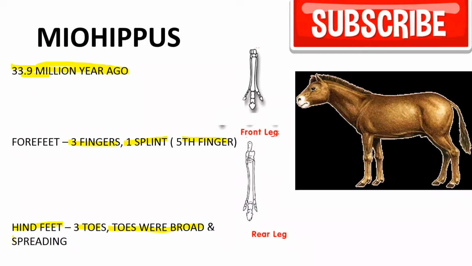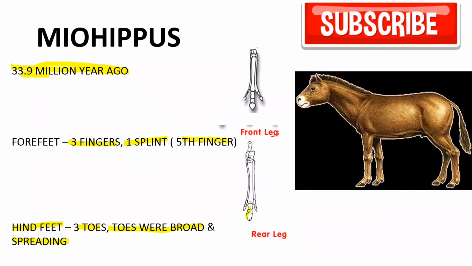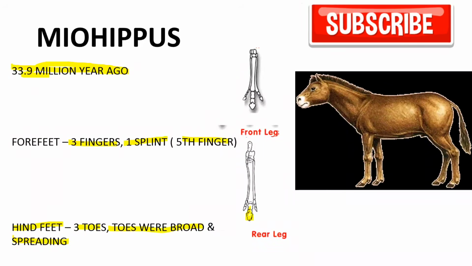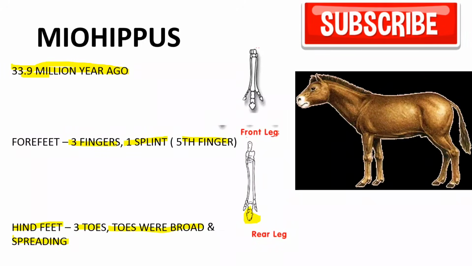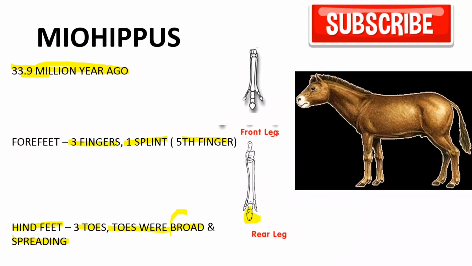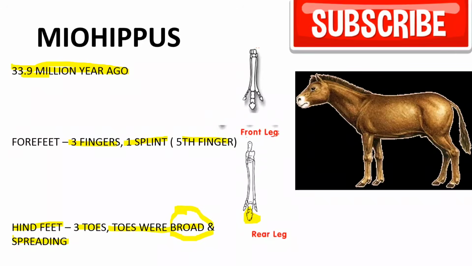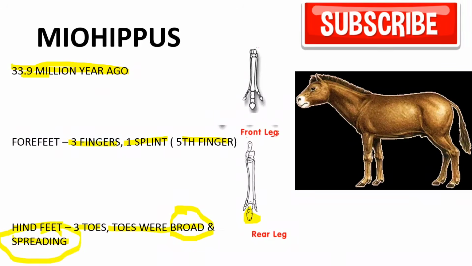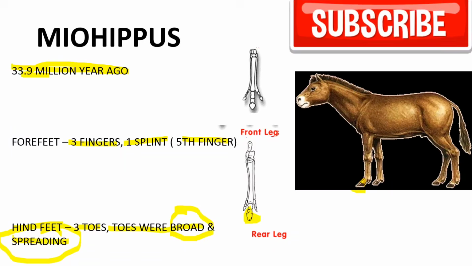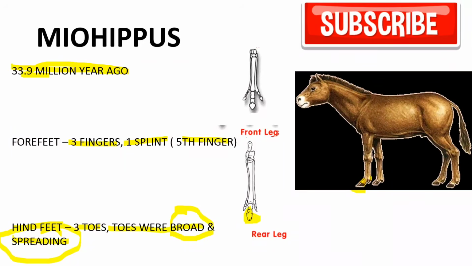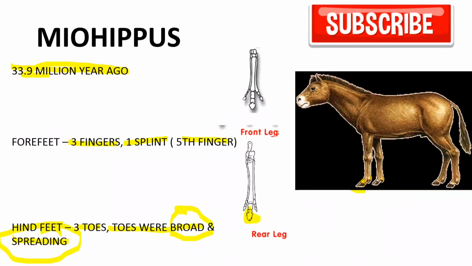So the toes have started spreading, as you can see now in today's horse that the toes are wide and spread. So the toes started broadening and spreading from Miohippus. Here you can see in the picture, and here you can see this splint.